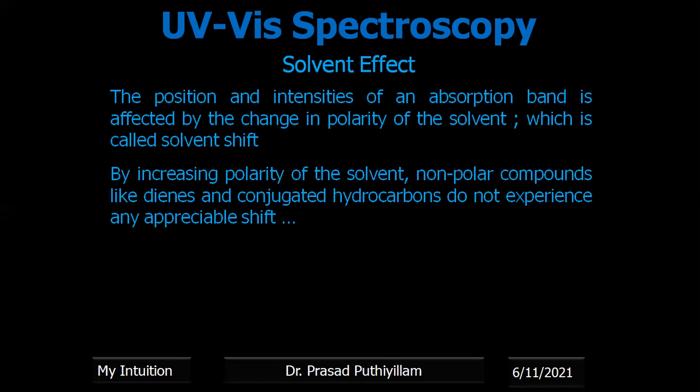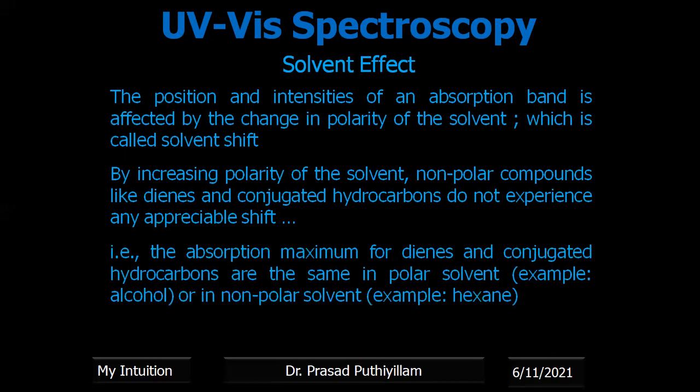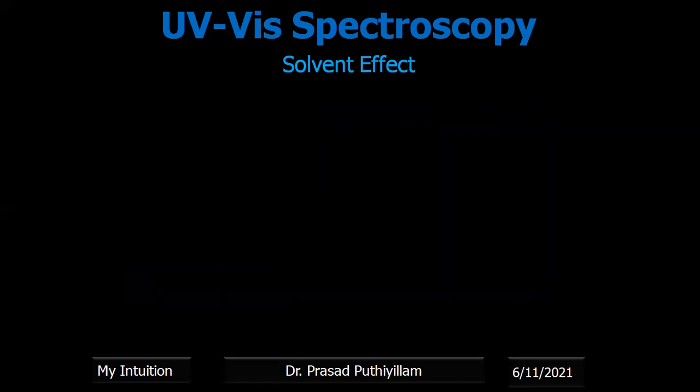Carbon and hydrogen have almost the same electronegativity value, so they cannot show polarity. Therefore, these types of molecules will not show much solvent effect. The absorption maximum for dienes and conjugated hydrocarbons is the same in a polar solvent, for example alcohol or water, and in a non-polar solvent, for example n-hexane or cyclohexane.